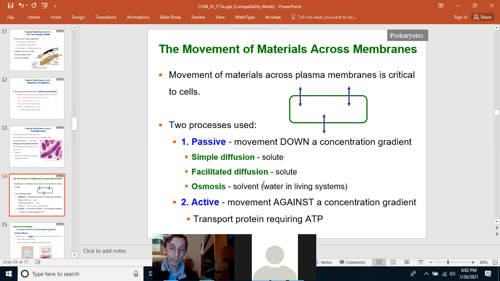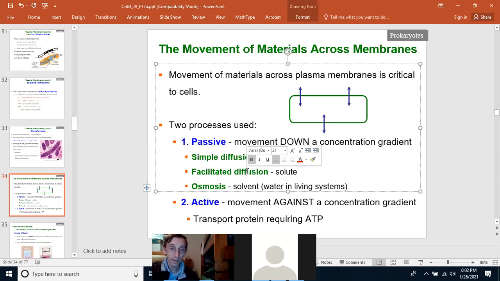And osmosis is also different because with simple diffusion and facilitated diffusion, the movement is of a molecule which is a solute. Osmosis is a movement of a molecule of water, which is a solvent. So osmosis is a little different.